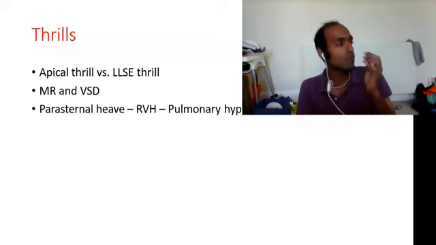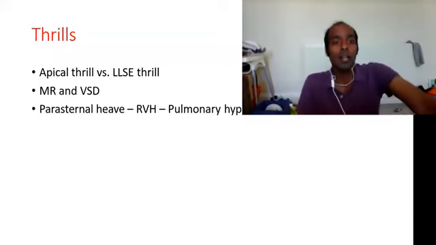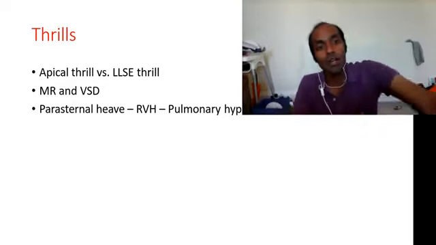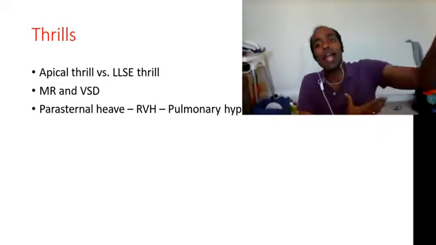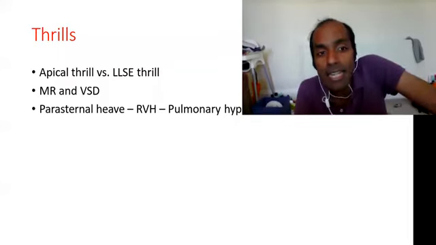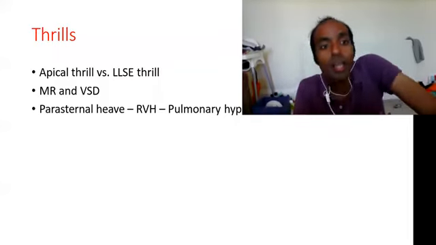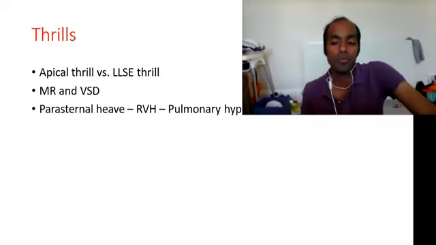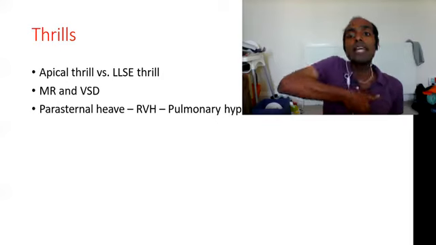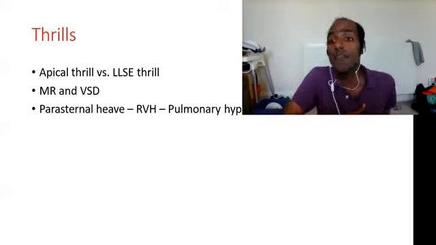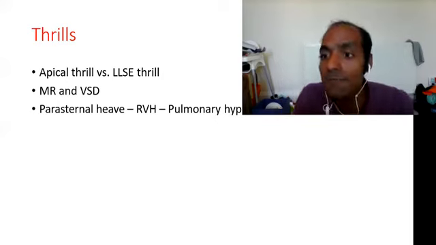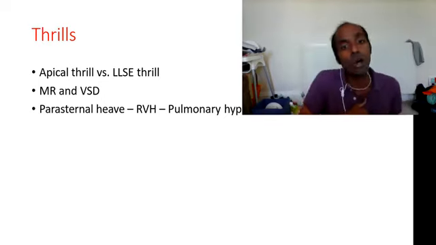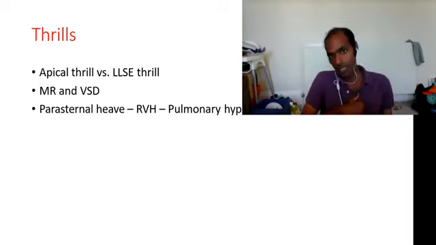These are called pearls of cardiology. Basically, number one, if there is a systolic thrill at the apex, it is mitral regurgitation. If you feel a systolic thrill at the left lower sternal edge, the diagnosis is almost always ventricular septal defect.